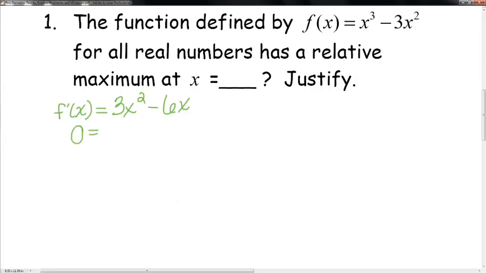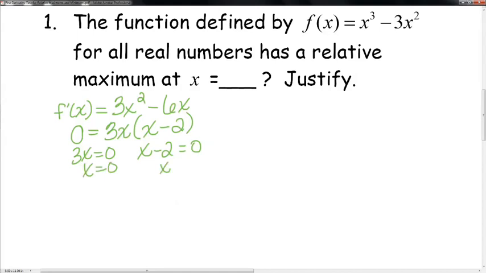And I'm going to factor out my greatest common factor, which is 3x, which leaves me with x minus 2. So 3x is equal to 0, and x minus 2 is equal to 0. That means x is 0, and x is 2. So these are my critical values.